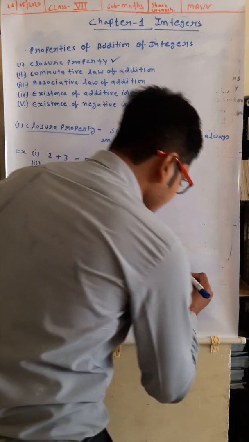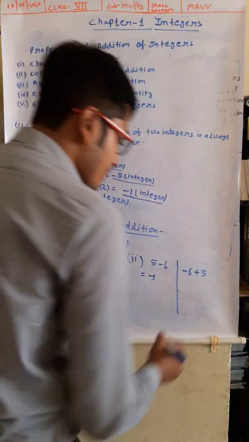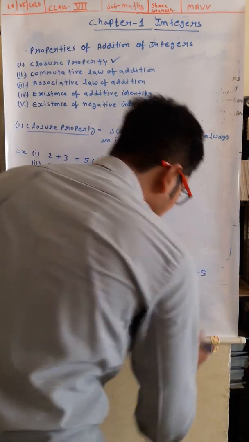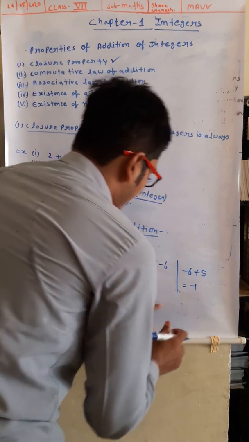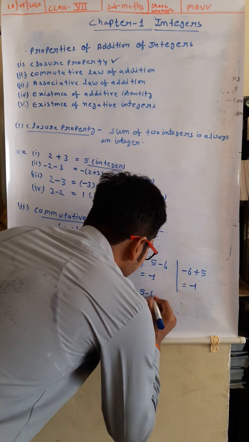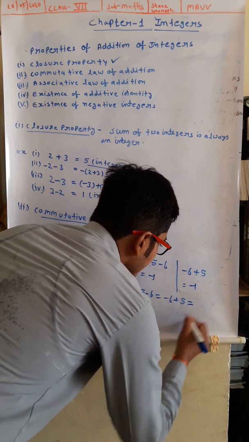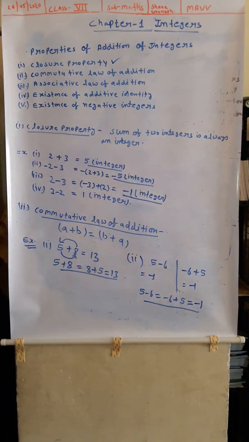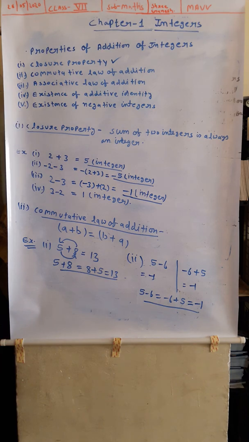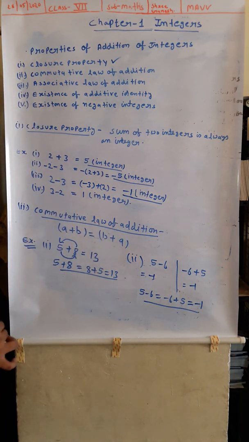And if you write minus 6 plus 5, then it also means minus 1. Here I mean to say that 5 minus 6 is equal to minus 6 plus 5, which is equal to minus 1, which is nothing but which property? Commutative law of addition, or commutative property of addition.